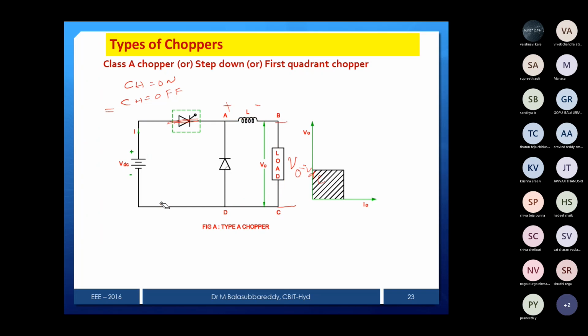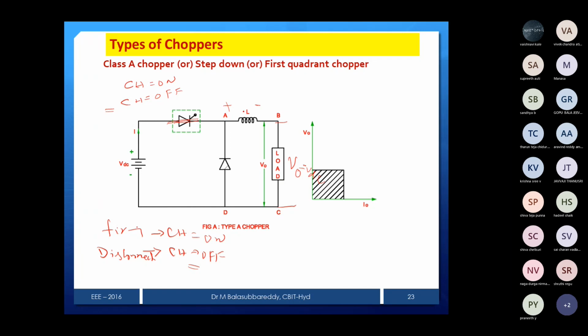Next one, when chopper is off, then what will happen? When it will be on and when it will be off, those are two instants. When you give a firing pulse, chopper will be on. And if you disconnect the firing pulse, chopper will be off. During that instant, if no firing pulse is available, forced commutation is going to take place and chopper is going to be turned off.